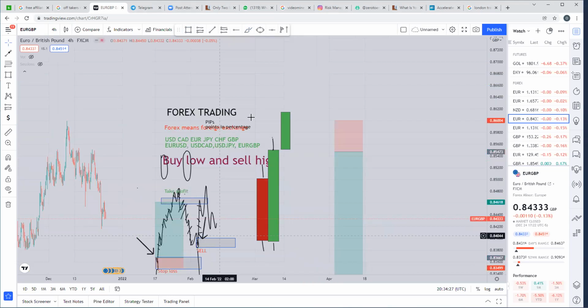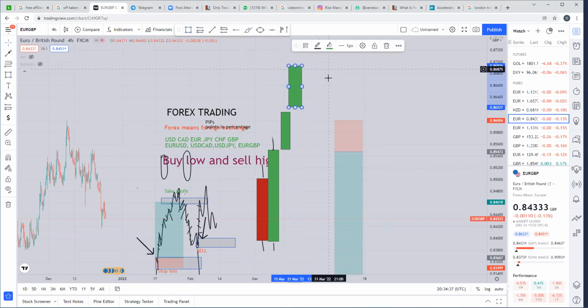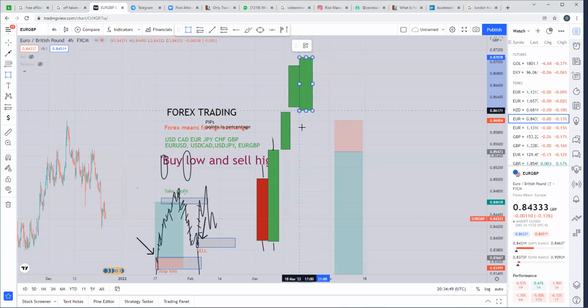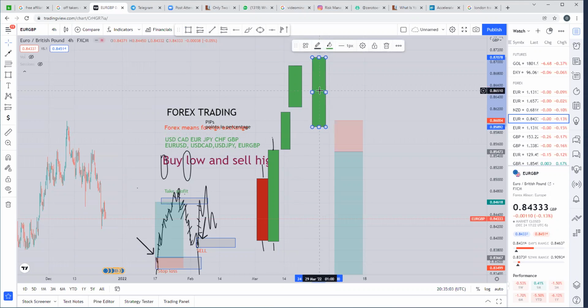And then a new candle forms again, and then keeps going up again, and then we have another candle that forms like this, and then the case of the bearish pattern, that was bearish.